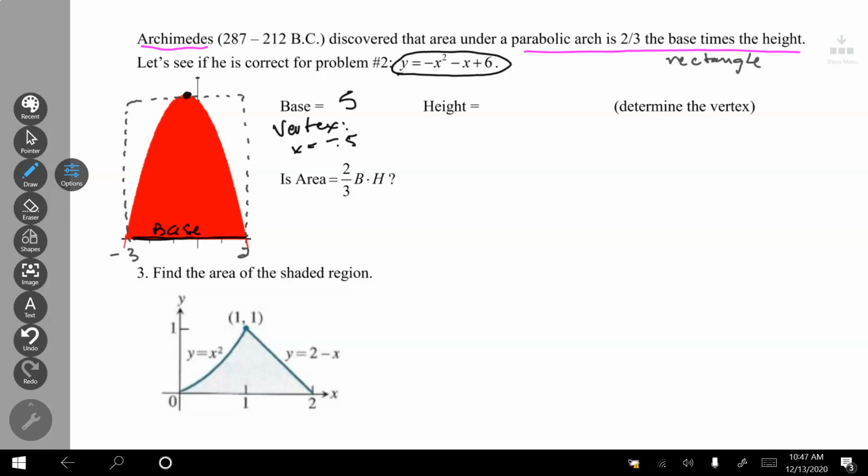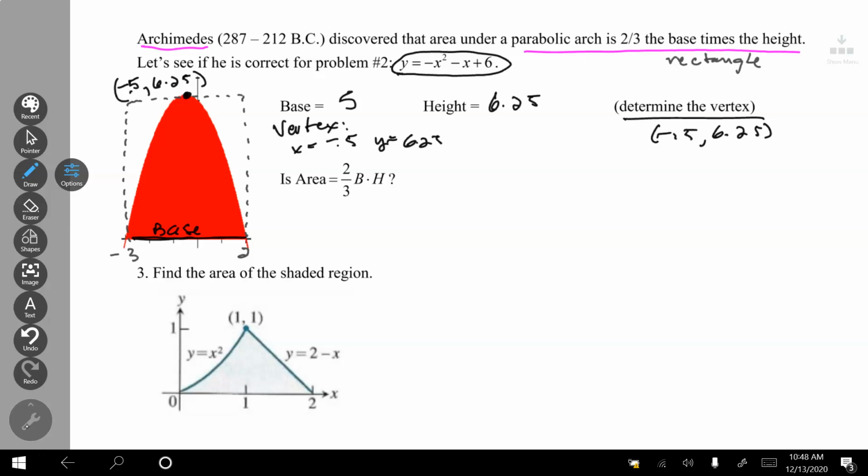I find the y part of the vertex is 6.25. So this point right here is -0.5, comma 6.25. So the height is 6.25. So like I said, my vertex was -0.5, 6.25.